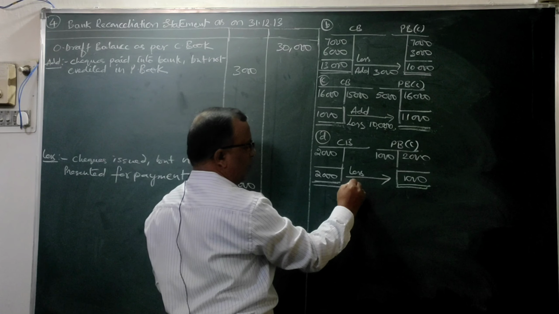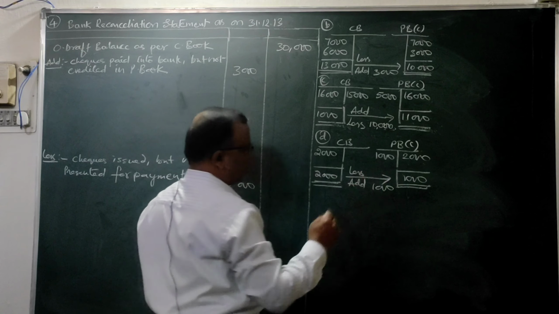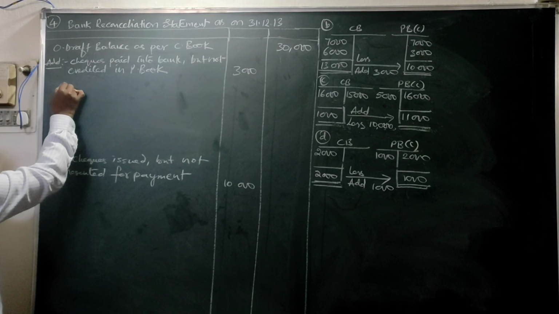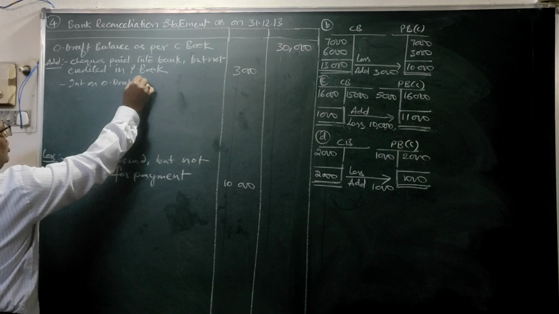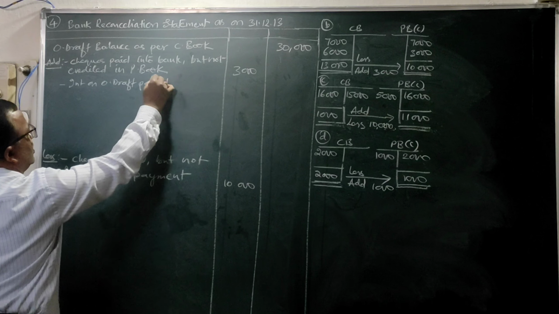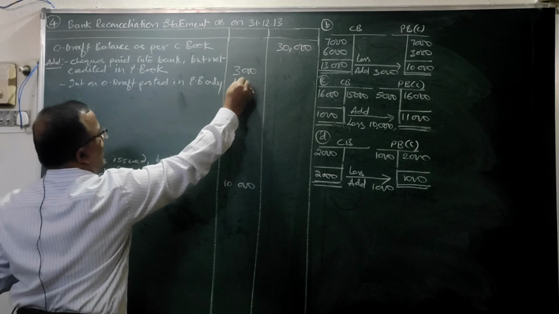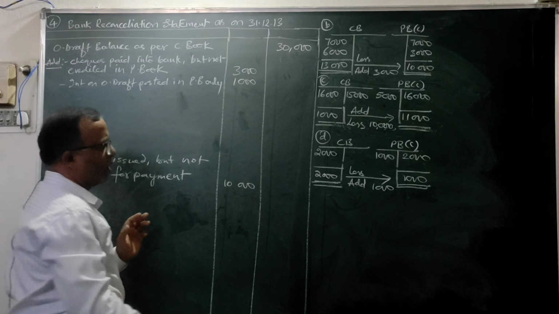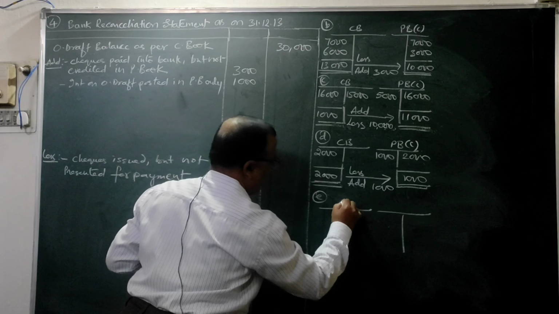Since it's overdraft, we should add. How much difference between these two? 1,000. So 1,000 we are going to write below: add, this is nothing but interest on overdraft posted in passbook only, 1,000. Then again, E, what does the E say?